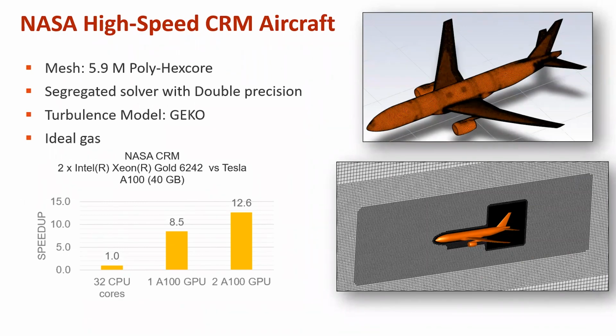Again, you can see that by using a single A100 GPU card, you were able to get almost 8.5 times the speed up from 32 CPU cores. And if you increased it from 1 to 2 GPUs, then you're getting almost 12.6 times the speed up from 32 CPU cores.